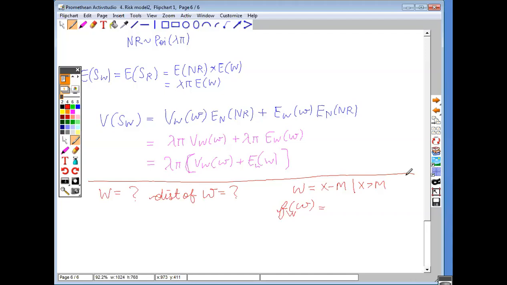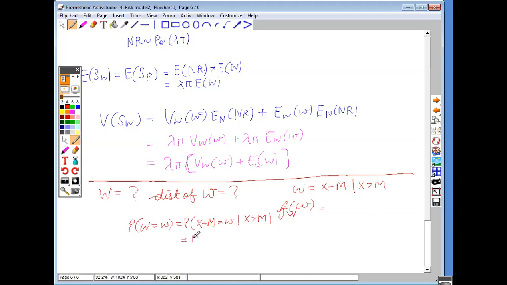What we wrote was: capital W equals small w, so this would be equal to the probability that X minus M equals small w such that X is greater than M, right?